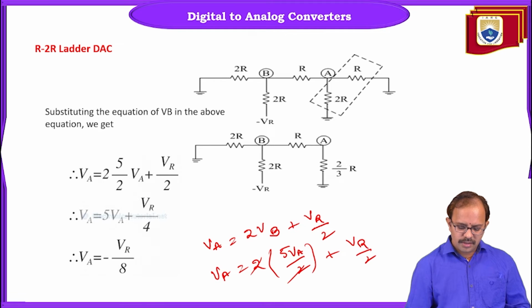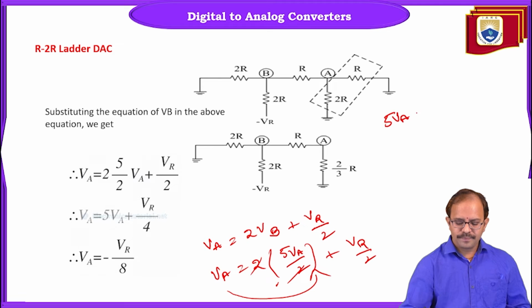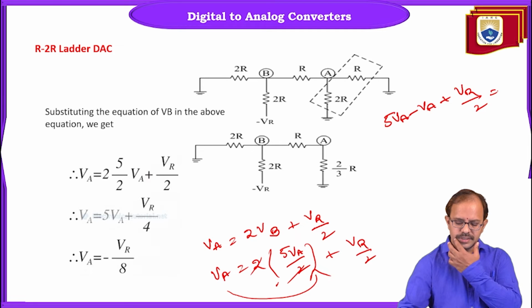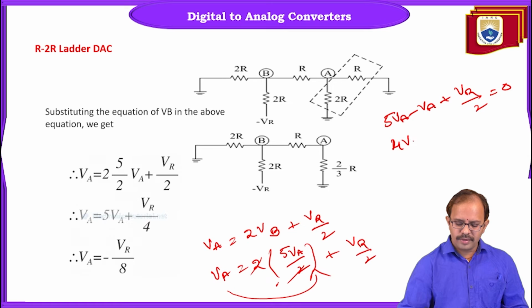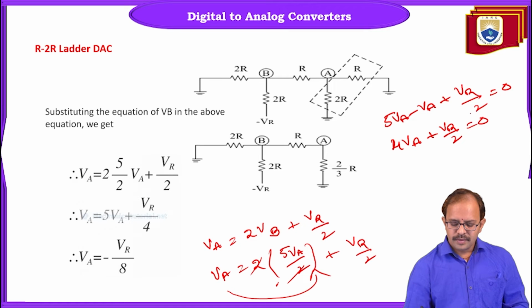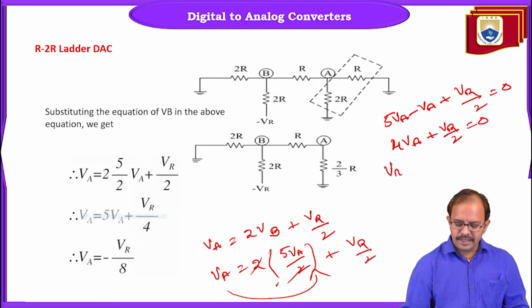So what is the result now? Let us bring this to this side. We are going to have 5 VA minus VA plus VR by 2 equals 0. So this will be 4 VA plus VR by 2 equals 0, and we need to determine VA.